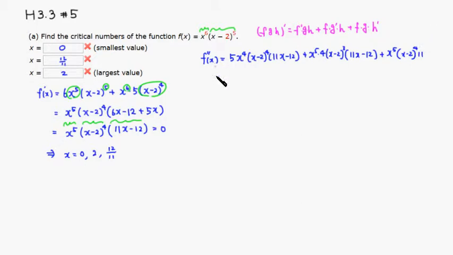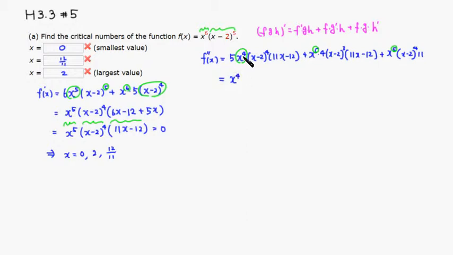So let's take the common factor. The common factor would be x to the 4th. There's 5 of them, so I'll just take 4 of them, and the same here. So we have x to the 4th power.